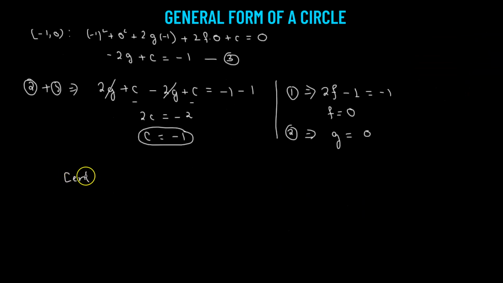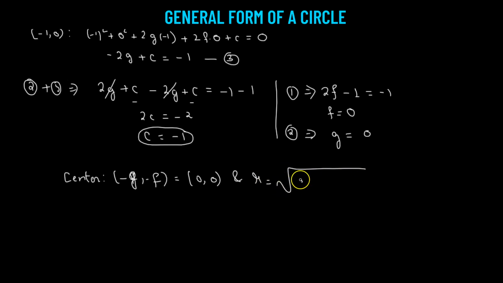The center is defined by the coordinates (-g, -f), which means this will be (0, 0). And the radius of the circle is given by the square root of g squared plus f squared minus c. So we have 0 squared plus 0 squared minus (-1), so that gives us the radius as 1 unit.